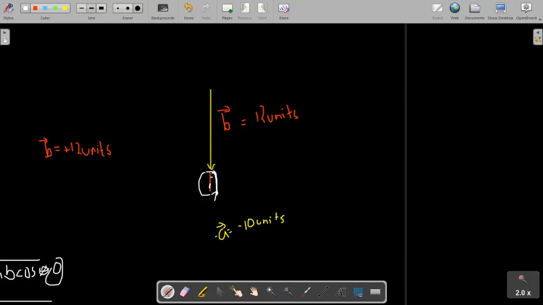If we were to subtract vector a from b, that is the magnitude of b minus the magnitude of a, we wouldn't get something negative.